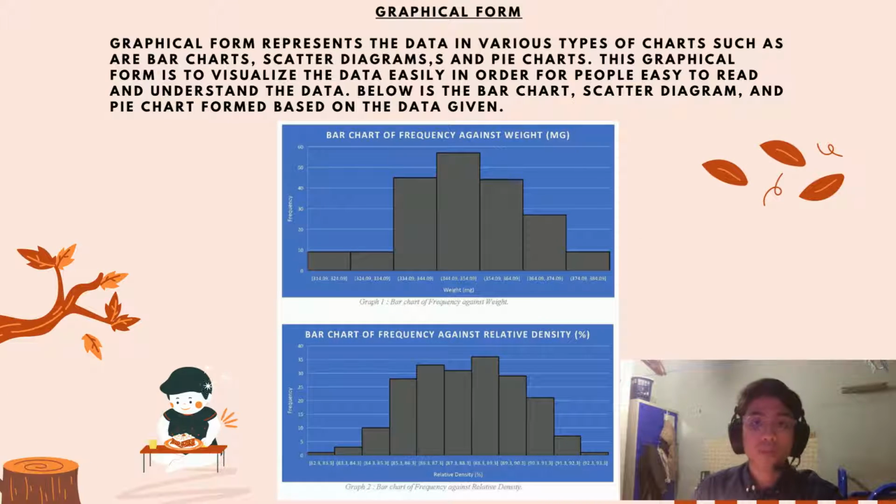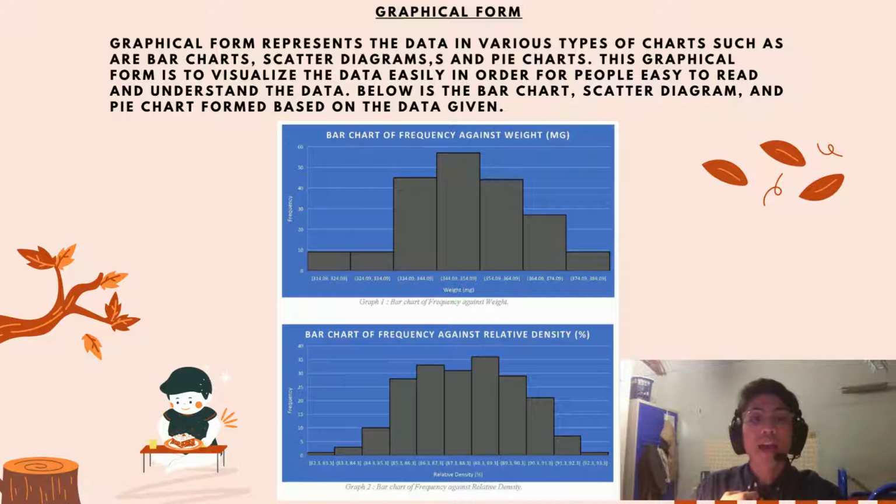The graphical form represents the data in various types of charts such as bar charts, scatter diagrams, and also pie charts. Graph 1 is the bar chart of frequency against weight, where the weight is the independent variable while the frequency is the dependent variable.